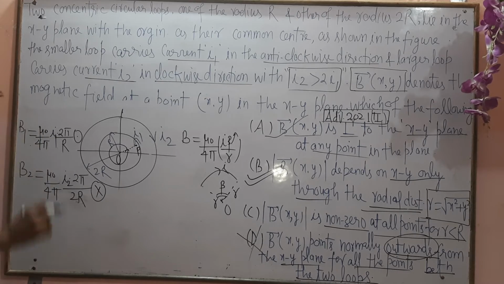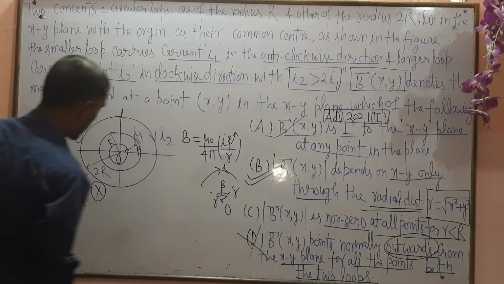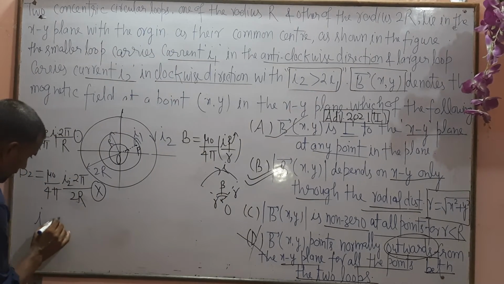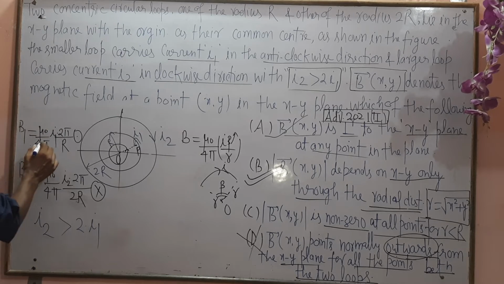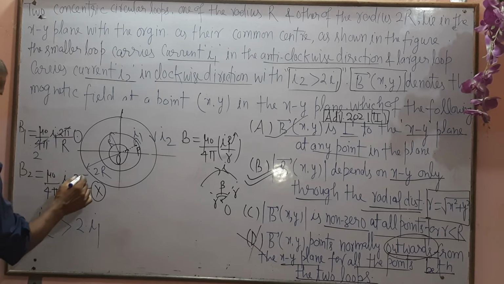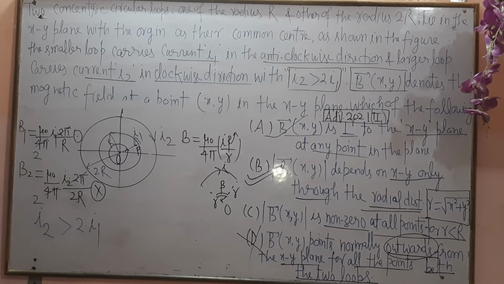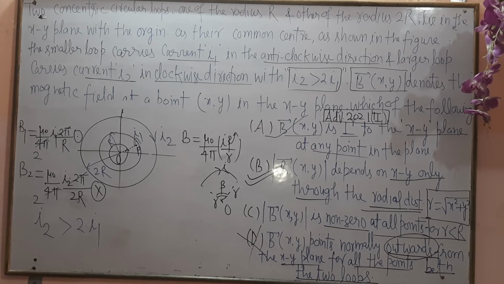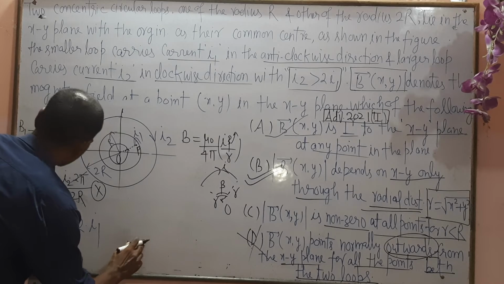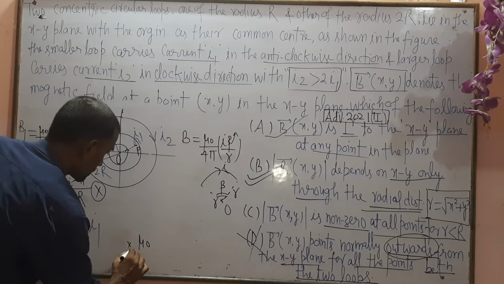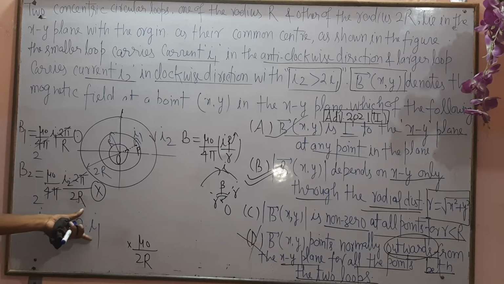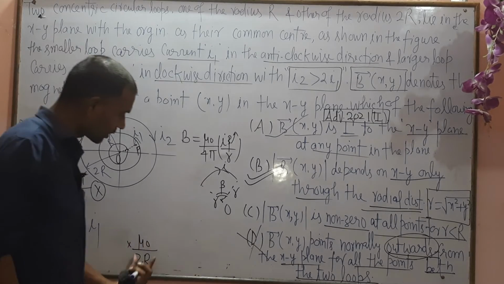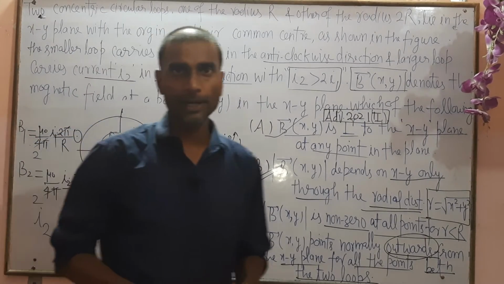We know that in this question it is given that I2 is greater than 2 times of I1. Cancel out 2 pi. Multiply by a number, mu naught by 2R, on the left hand side and right hand side of this inequality.